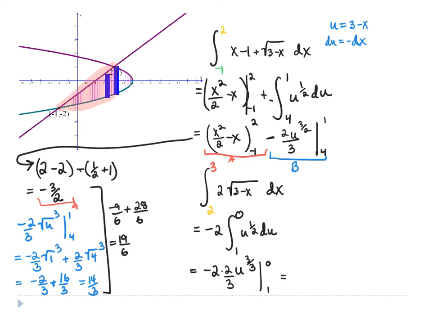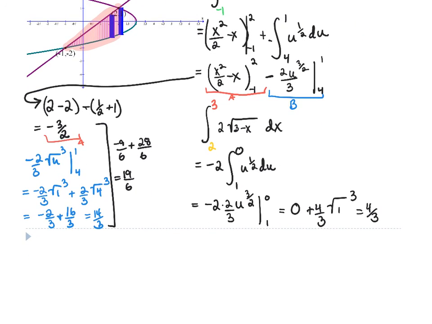So if I put 0 in first, I get 0. So I'm going to subtract a negative, so it's going to be plus 4/3 square root of 1 cubed, and I realize right here this should be a 2, and so I end up with just 4/3. Now remember, our answer that we got for this when we did it before was 9/2.